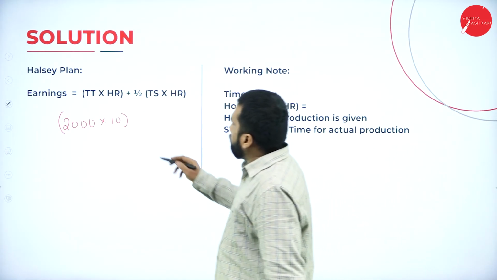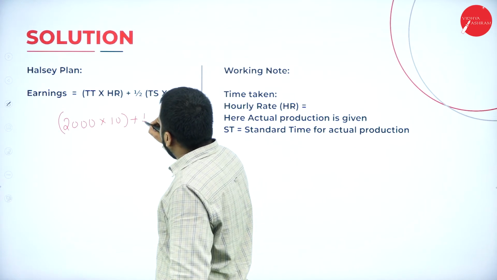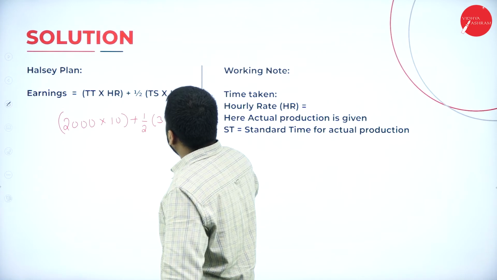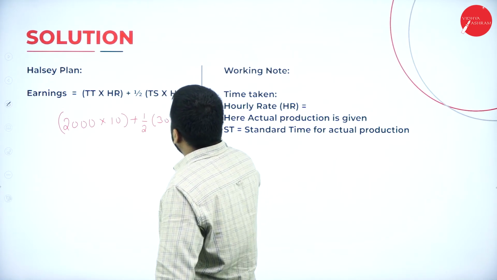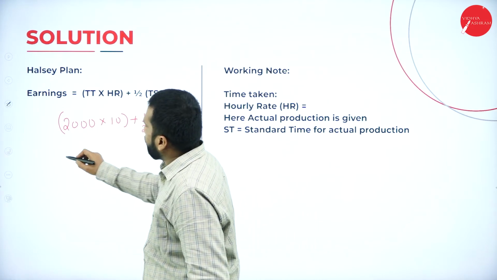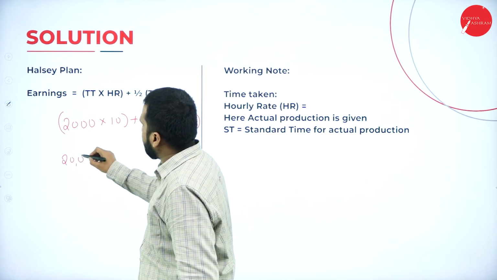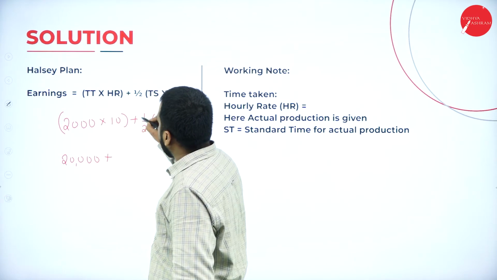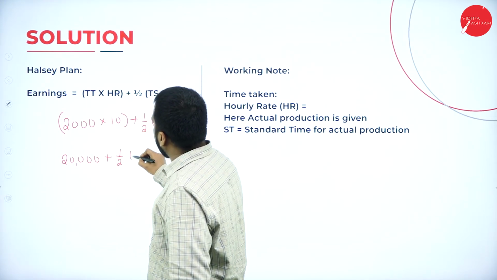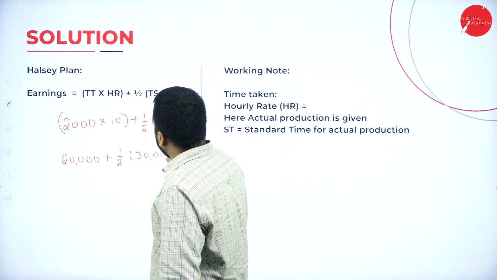Now, plus half of the time saved. 3000 hours saved. What is the hourly rate? 10 rupees. Hope you are clear. 2000 into 10 is 20,000, plus half. 3000 into 10 is 30,000.